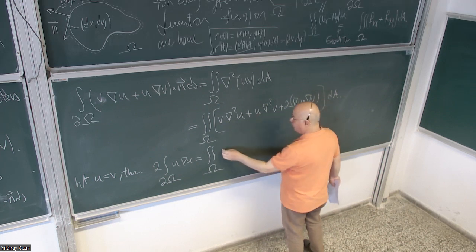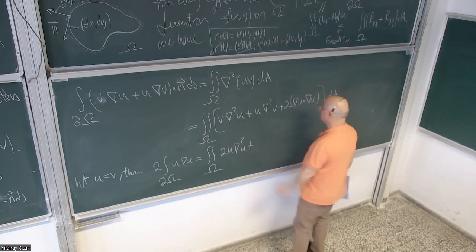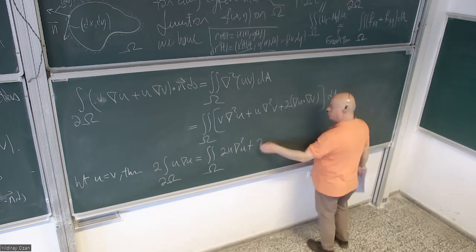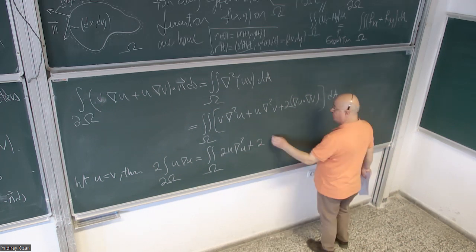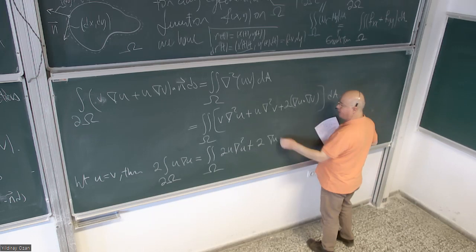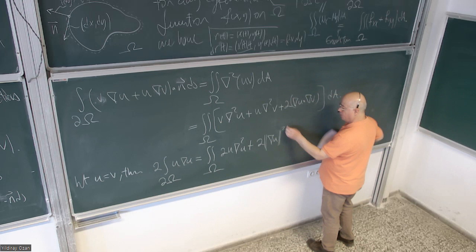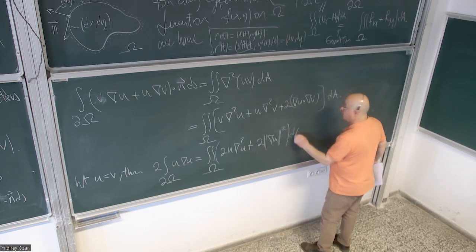So I have 2 times u times Laplacian of u plus this is just 2 times del u inner product with itself, so norm squared, dA.